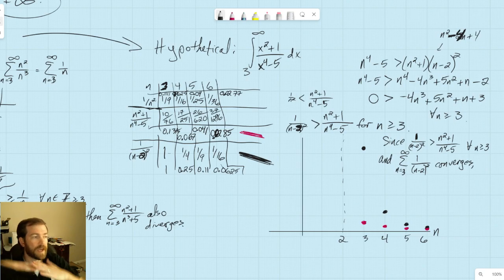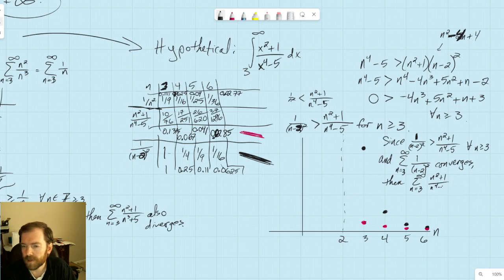right? This is a higher value that we know has a finite sum. So therefore, if all of the other ones have lower values, it's got to converge too, because the sum of those numbers all has to be less than a finite number. So it's going to be another finite number. Then the sum as n goes from 3 to infinity of (n squared plus 1) over (n to the 4th minus 5) will also converge.